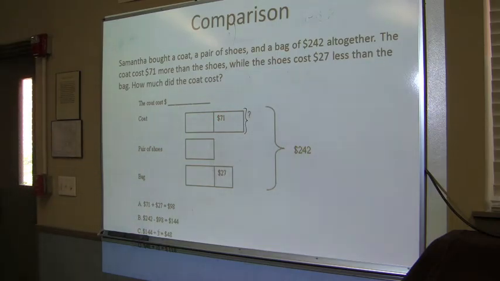Okay, now we're summing up the money we know, 71 and 27, getting to 98. We're taking that away from the 242 in the next step to get 144. And now we have 3 units equals 144.